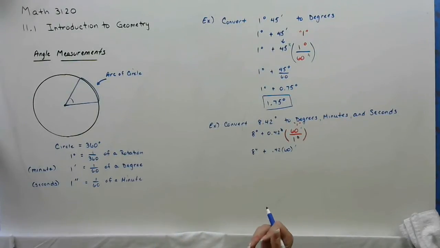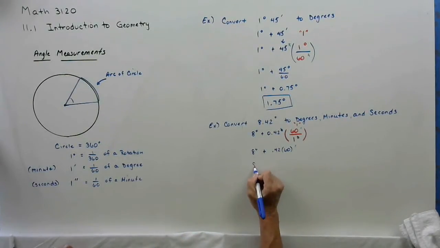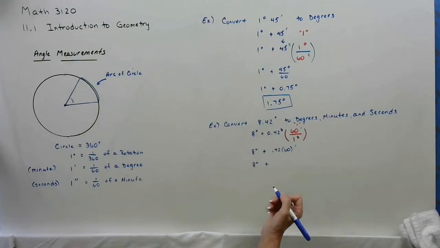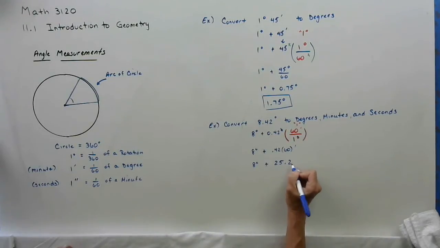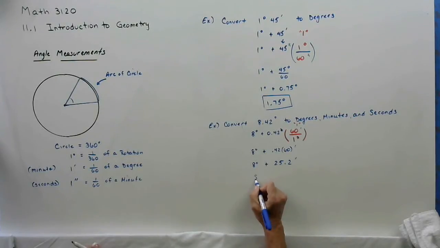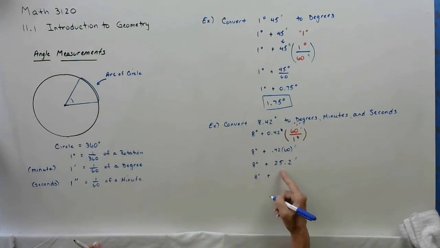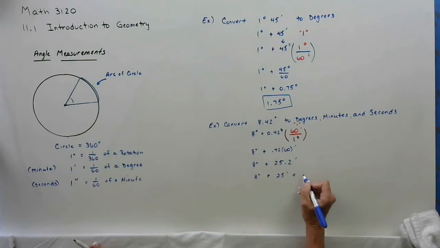Well, if I do that multiplication, that gives me 8 degrees plus 0.42 times 60, which is 25.2 minutes. Well, let's think about what that says. This gives me 8 degrees. This gives me 25 whole minutes plus 2/10 of a minute.